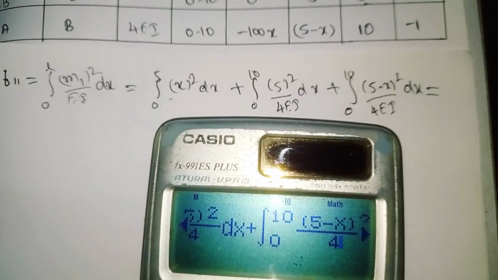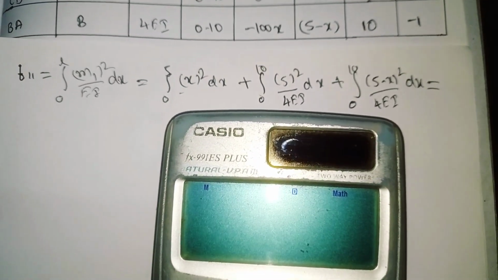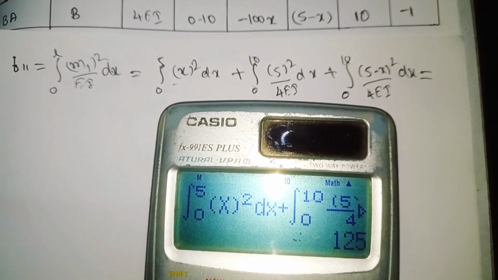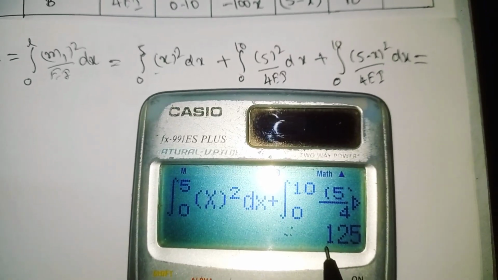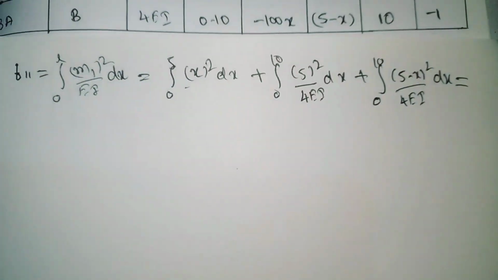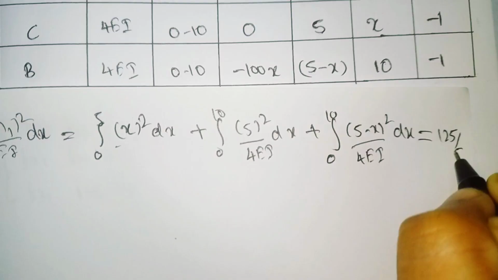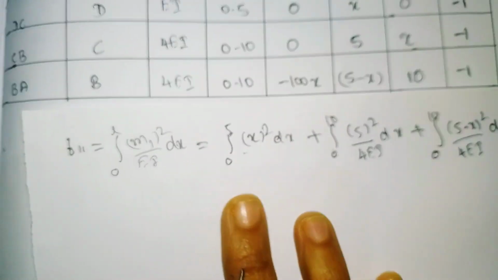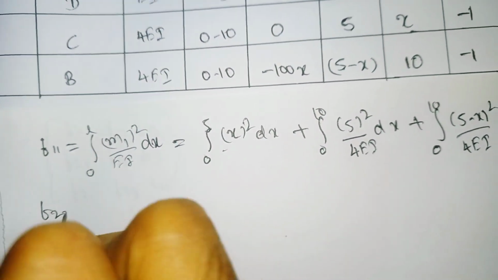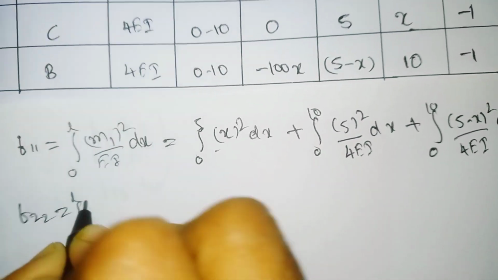Now solve it. Our F11 value will come out as, sorry, 125 divided by EI.